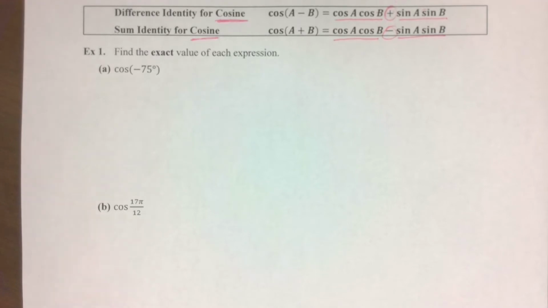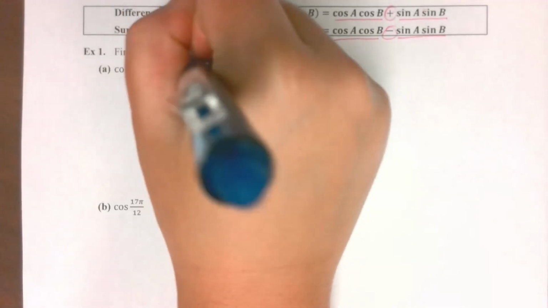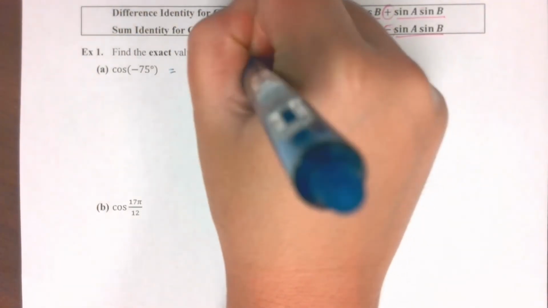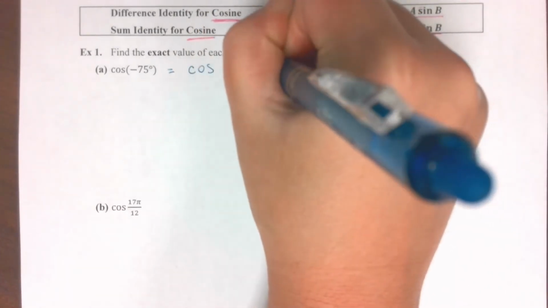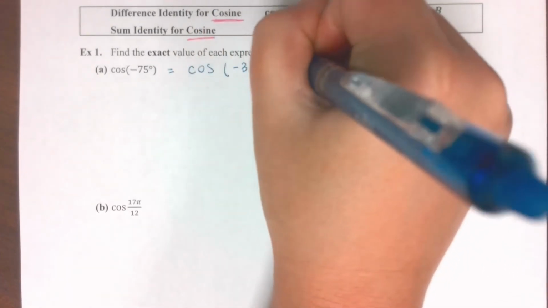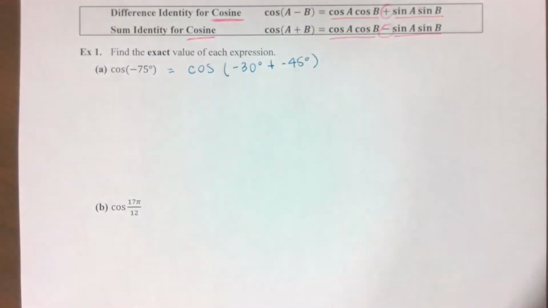Alright, so we have cosine of negative 75 degrees. To use these identities, we want to rewrite them in degrees that we readily know the answer to. So negative 75 degrees would be the same thing as cosine of negative 30 degrees plus negative 45 degrees.